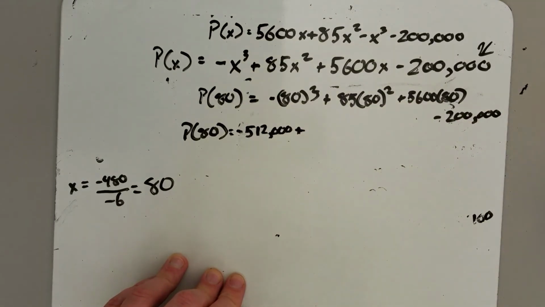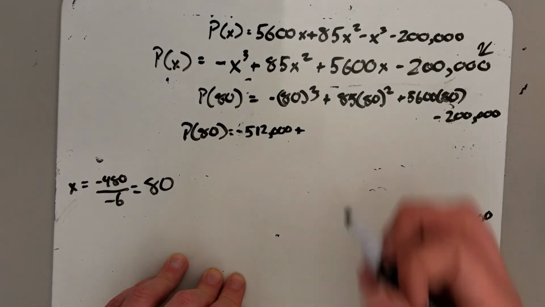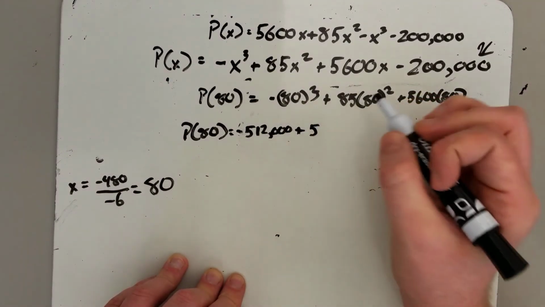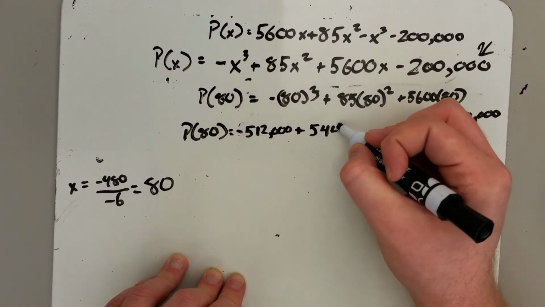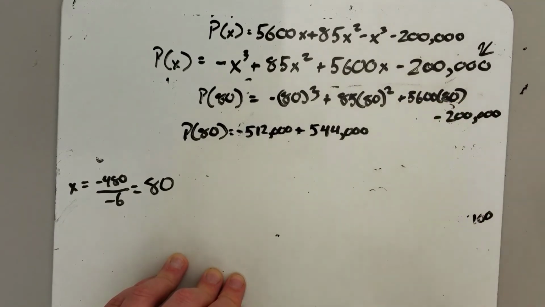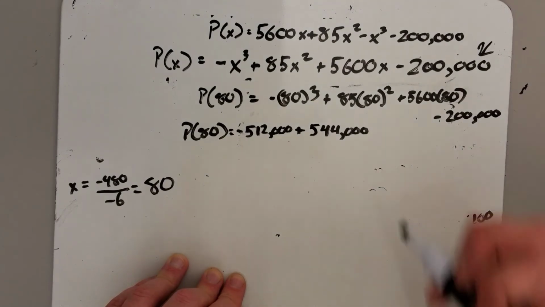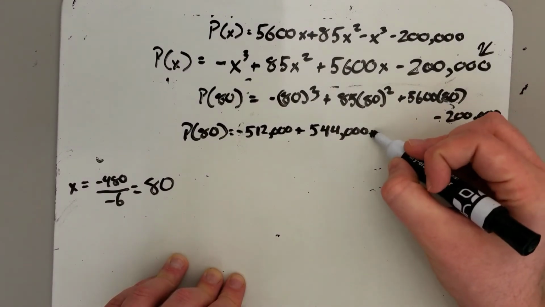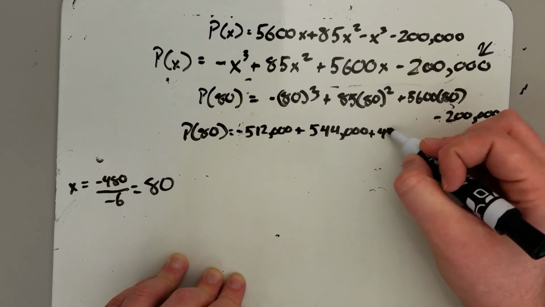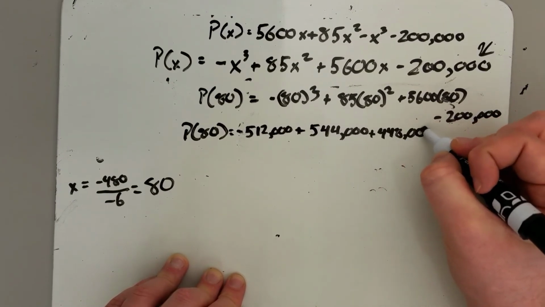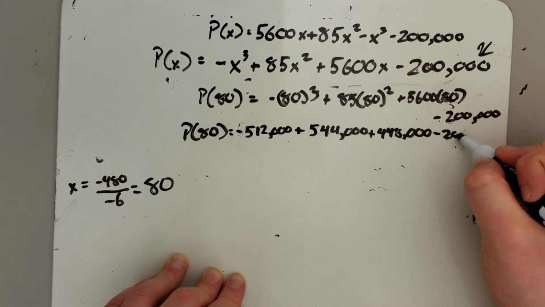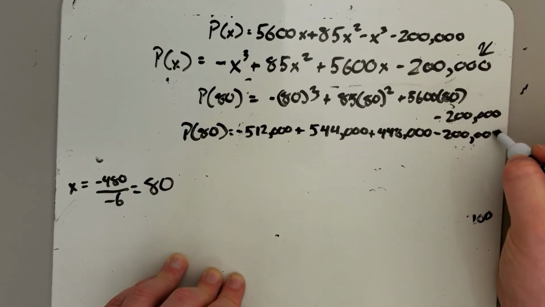Plus we have 80 squared, I know, is 6,400, times 85, which is going to be 544,000. We have 5 times 80, which is 400, so that's 448,000 minus 200,000. Okay, we're almost there, guys.